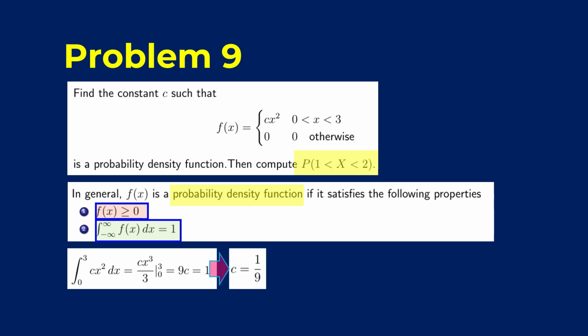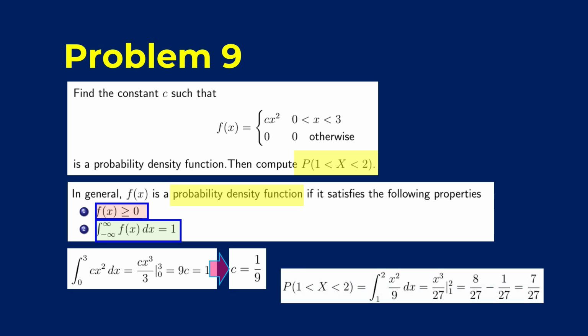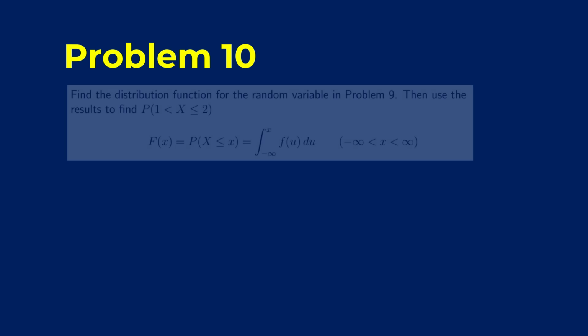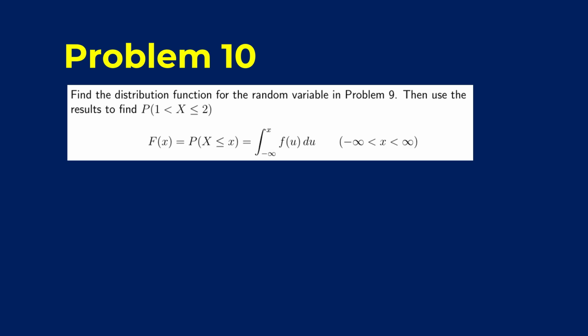Now we can solve part B of the problem, which is to find the probability when the random variable is between 1 and 2. After a little bit of calculation, we can see that this is 7 by 27. In problem 10, we want to find the CDF for the random variable in problem 9.